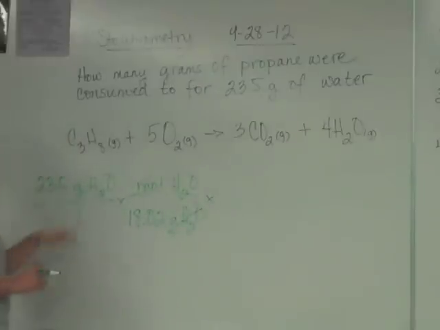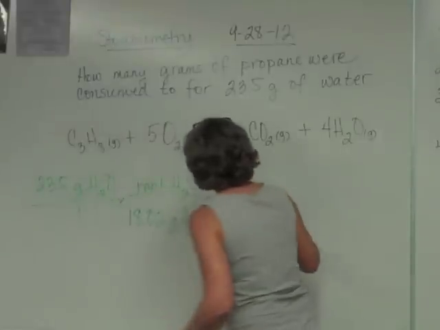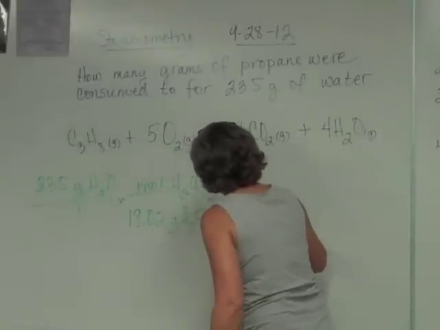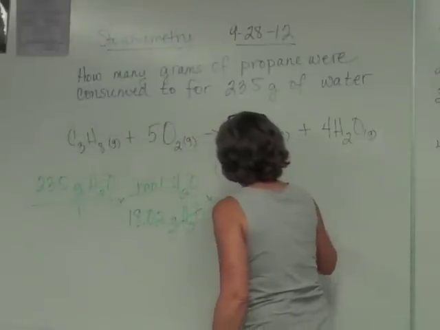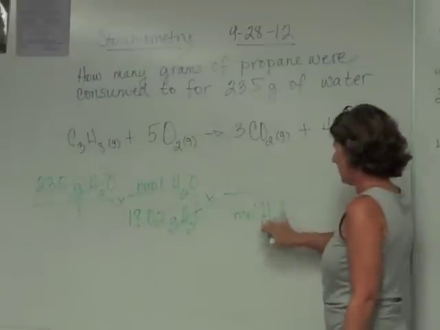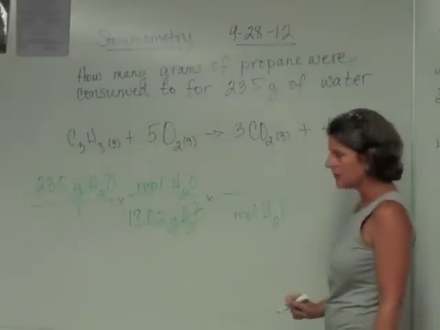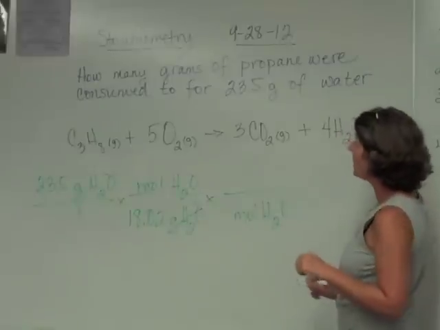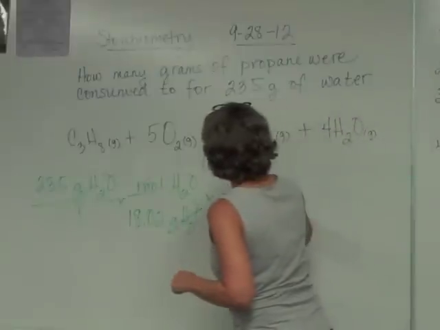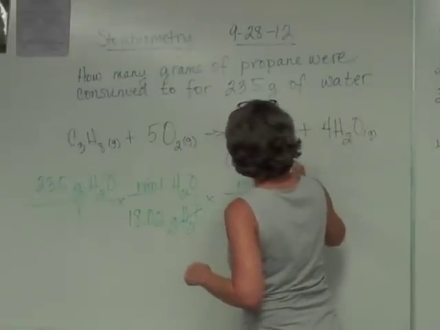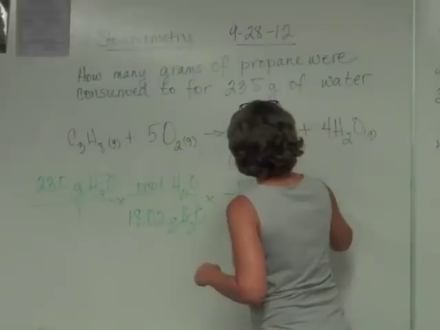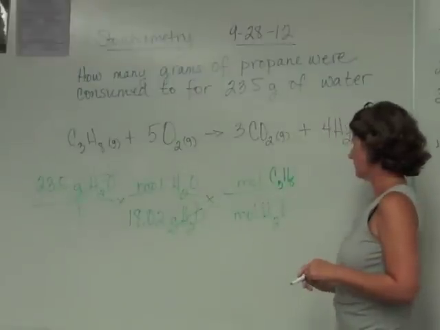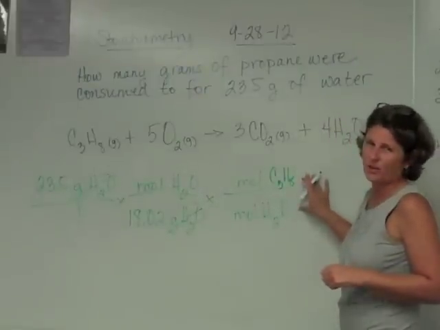So, I'm going to do some mole magic here. I'm going to set up my mole ratio. I'm going from moles of water. Okay, see why it's so important. My moles of water will cancel. So moles of water, and what am I looking for? Moles of C3H8. But that's not a real mole ratio.